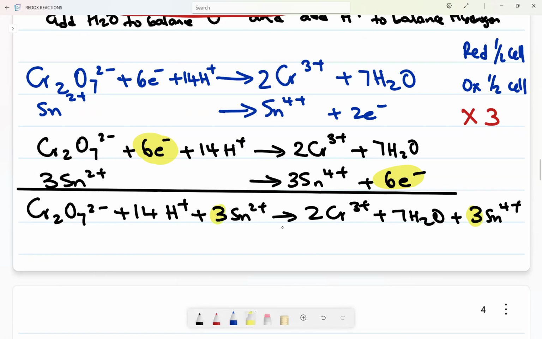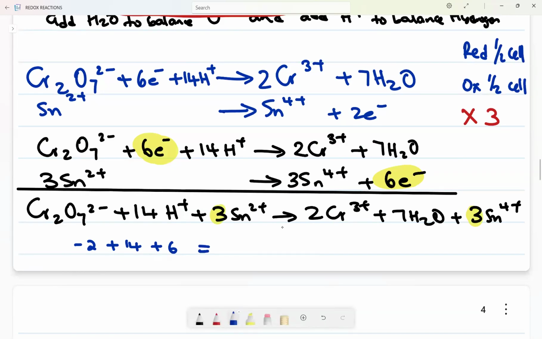Then let's check. Are the charges balanced? We have -2 plus 14 multiplied by this, it is 14, plus 3 multiplied by that, it is 6.